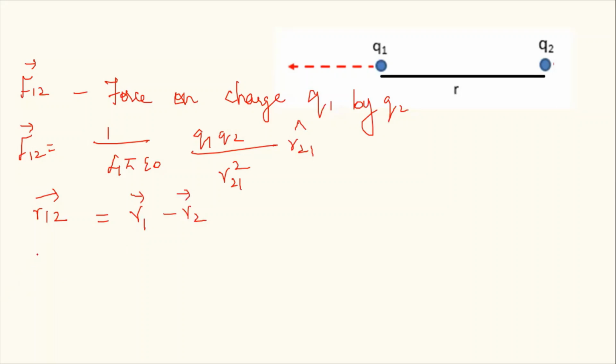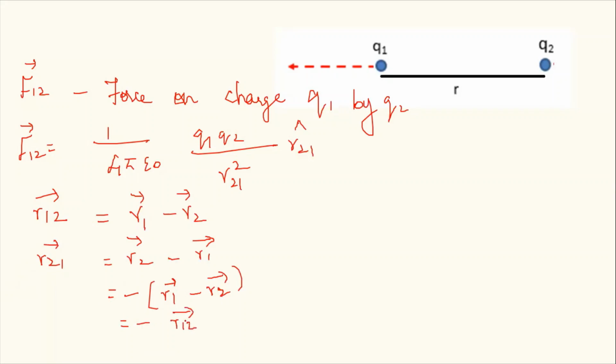Similarly, the R21 vector is equal to R2 vector minus R1 vector. This can also be written as minus of R1 vector minus R2 vector. So you can understand that R21 is equal to minus R12 vector.